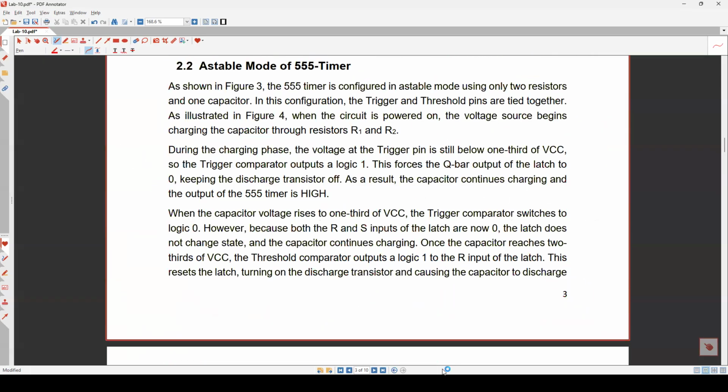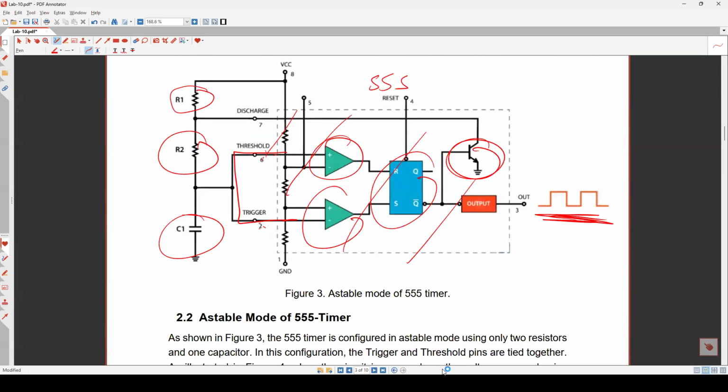Let me go to the beginning to show you. This point has to be 2/3 VCC, right? Because the capacitor has to charge until 2/3. This is pin number 5. You see what I'm saying?